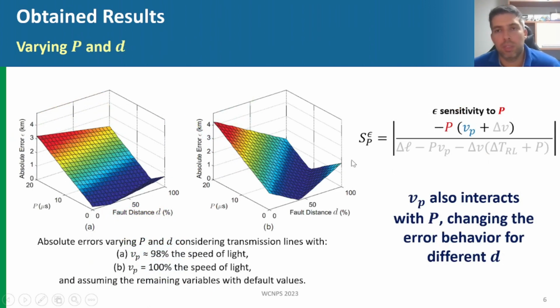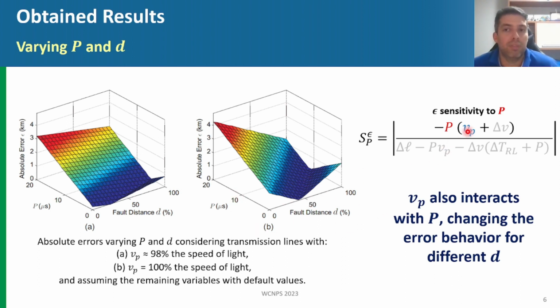Going deeper into this question, we decided to evaluate the interaction between P and V by varying VP, which is this variable which depends on the system characteristics. And we can see that considering two different velocities, increasing the velocity, a rotation occurs on the error surface.